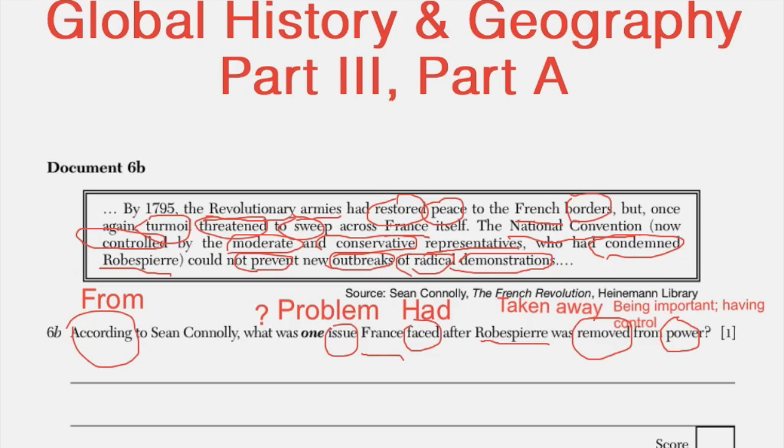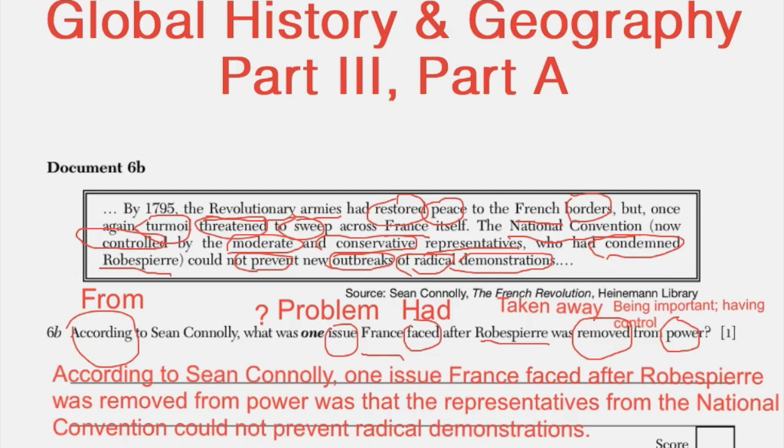Now, to answer the question, here is a possible answer. According to Sean Conley, one issue France faced after Robespierre was removed from power was that the representatives from the National Convention could not prevent radical demonstrations. Here you can see I took all of my information from up here.